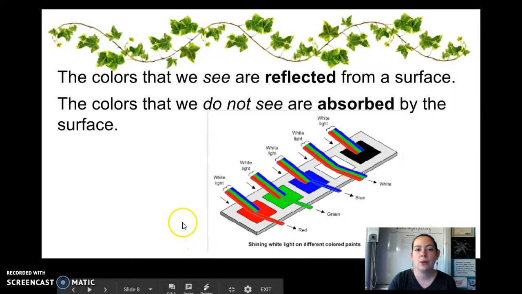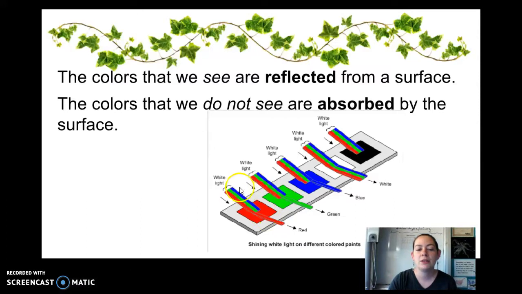So imagine you're wearing a red shirt. The pigments in that shirt are absorbing some of the colors from the light, but it's reflecting the red. So the blue and the green and the other wavelengths of light are getting absorbed by that red pigment. So all we see is the red that's not absorbed, that's reflected.